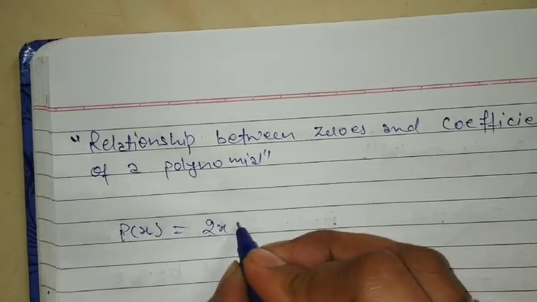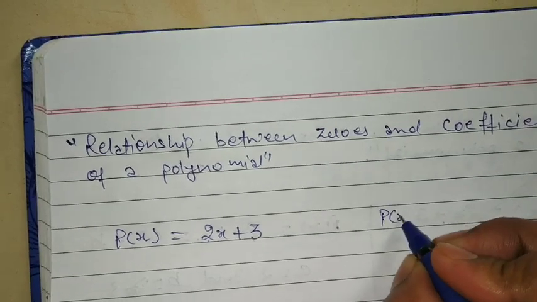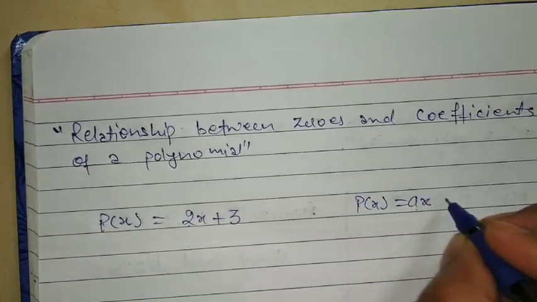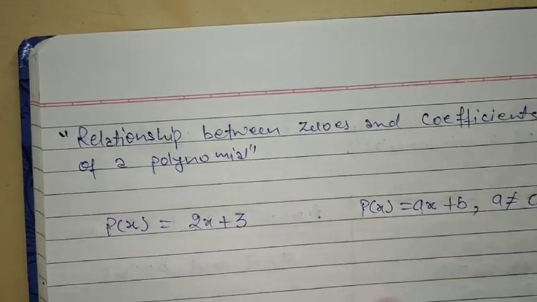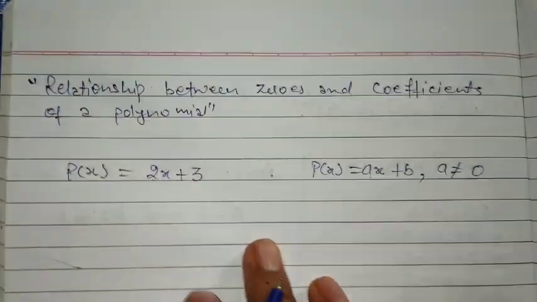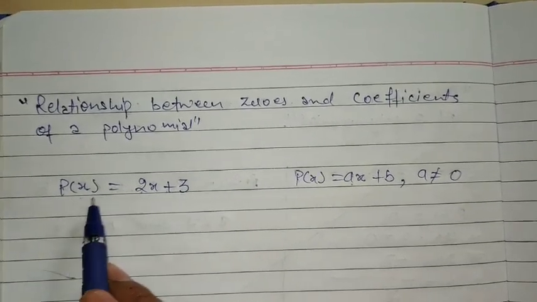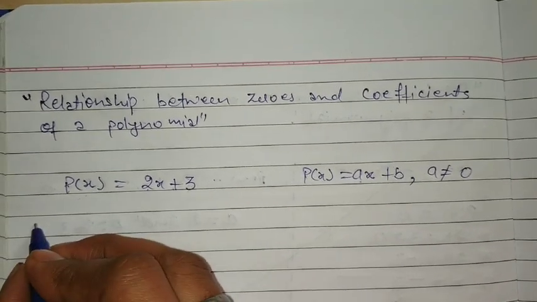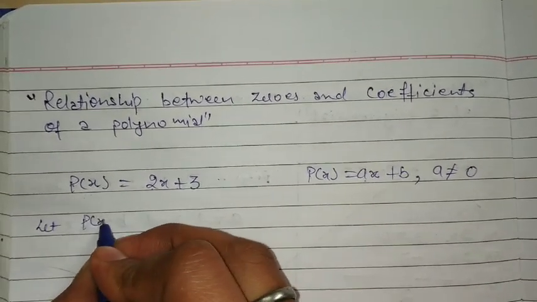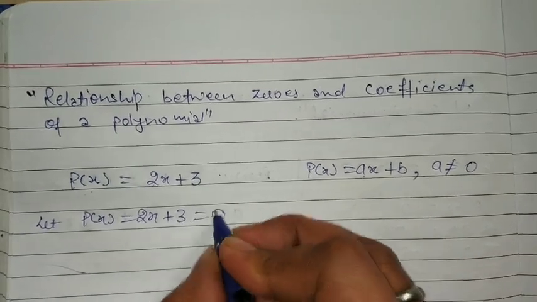For example, 2x plus 3, or simply we can say it has the standard form ax plus b where a is not equal to 0. Now to find the zero of this linear polynomial, we simply put it equal to 0 and find the value of x. So let p(x) equals 2x plus 3 equals 0.